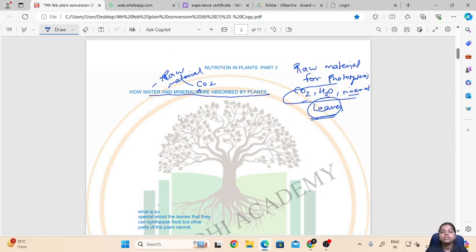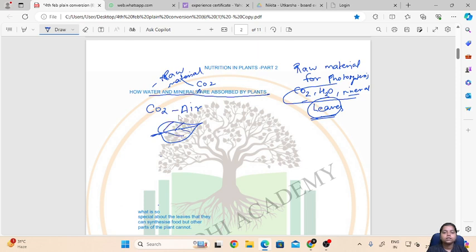Where is carbon dioxide present? Carbon dioxide is present in the atmosphere, or you can say it is present in the air. So how is it absorbed? See, this is the leaf. Suppose this is a leaf of a particular plant.